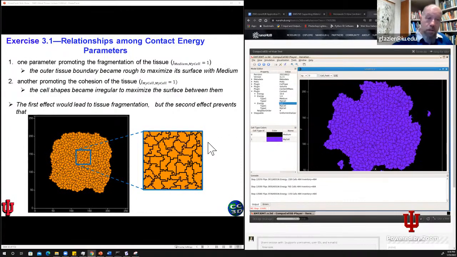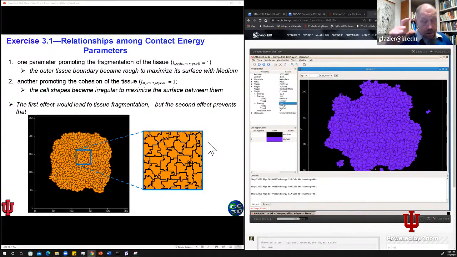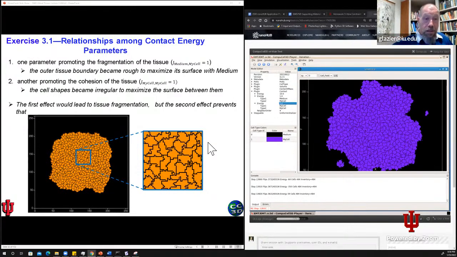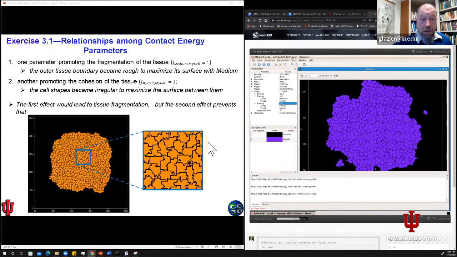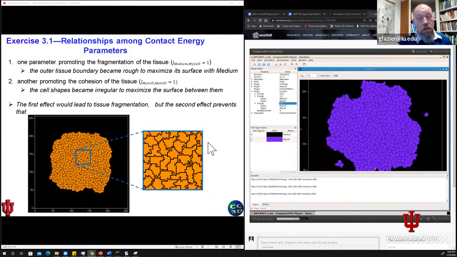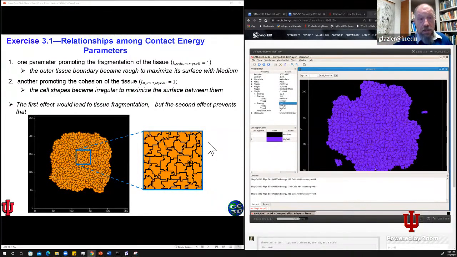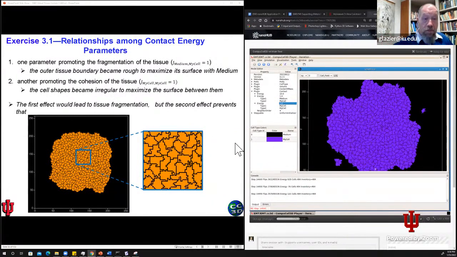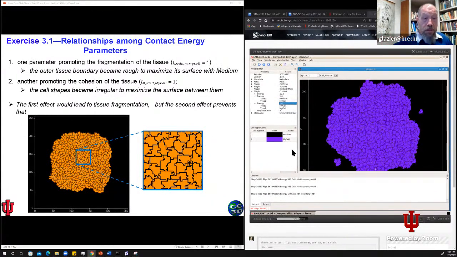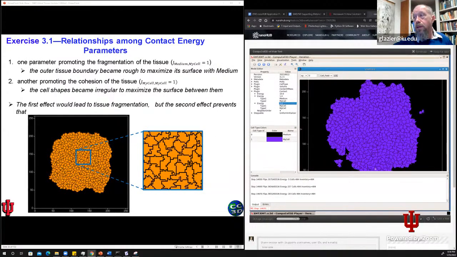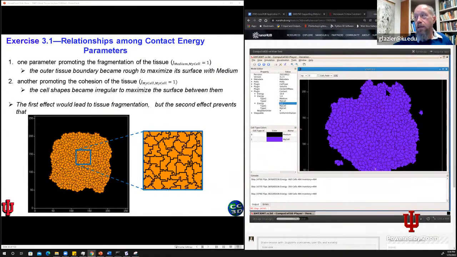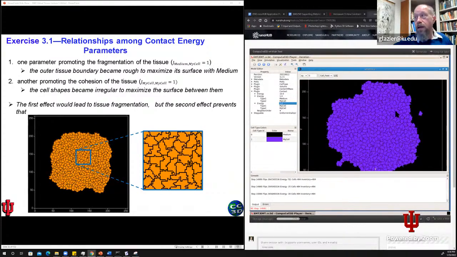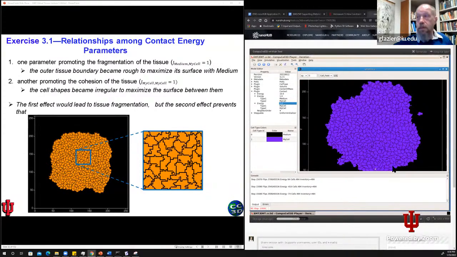And so the ratio of the two matters, because if the cell-medium contact energy is less than a half of the cell contact energy, you disperse. If it's bigger than a half, you coalesce. But the shapes of the cells and the shapes of the aggregate will depend on the absolute values as well. When I had cell-medium contact energy large, I got a round aggregate. Here, the aggregate is very irregular.